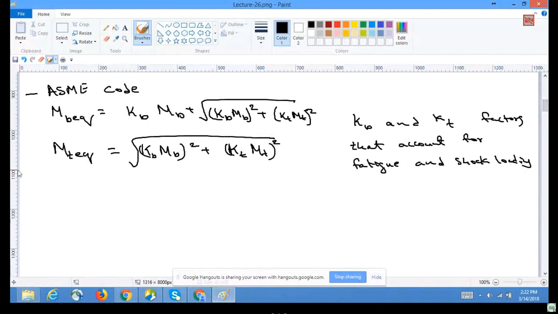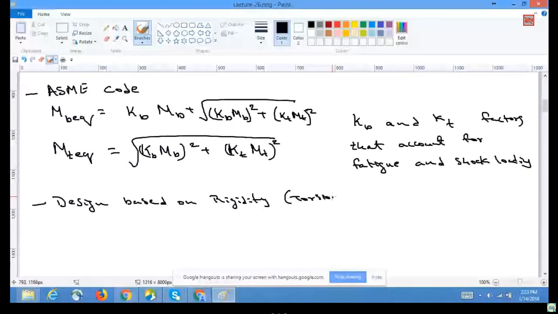Similarly, for the design, especially torsional, we have said that our theta, which is given as L by jg, and theta is the x.